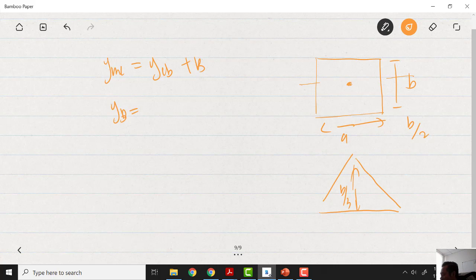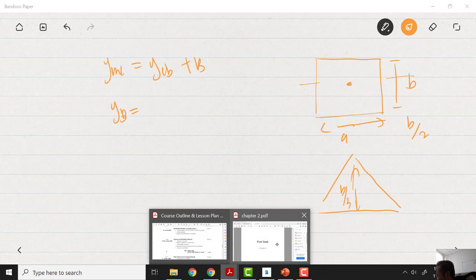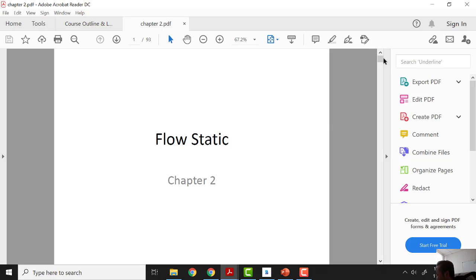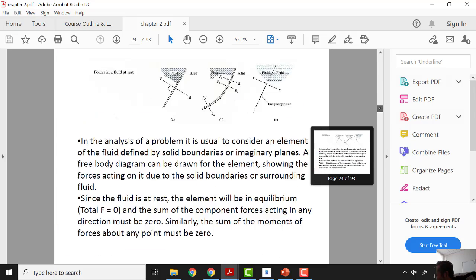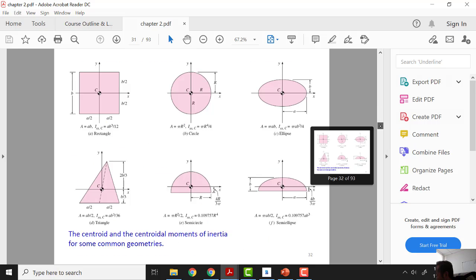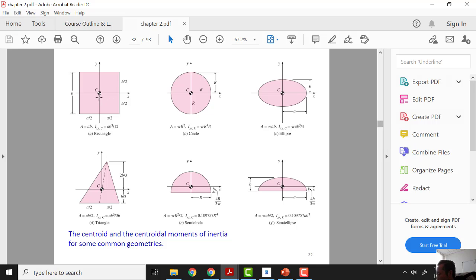Okay, so for this kind of question, please look at what we have here: center of body. Where is it? Okay, here. Yeah, we have here. So the center of body for a square like this is B over 2. The center of body of a circle is R, and the center of body of the triangle is B over 3.